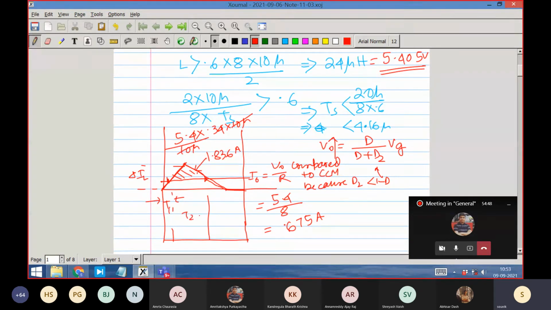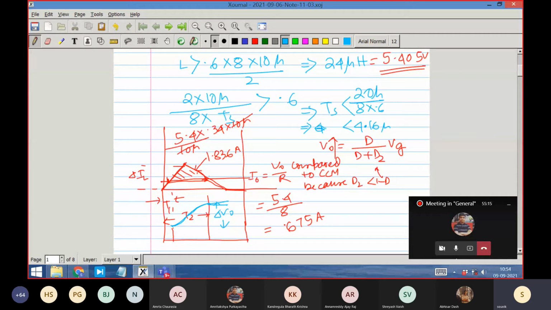Because it is conducting between T1 and T2, this positive current will give you the ripple. The ripple will be, wherever the initial value is, it will increase here. It will have a ripple which is increasing. This is the delta V0 now. So you have to calculate. So what you have to do, you have to find out.